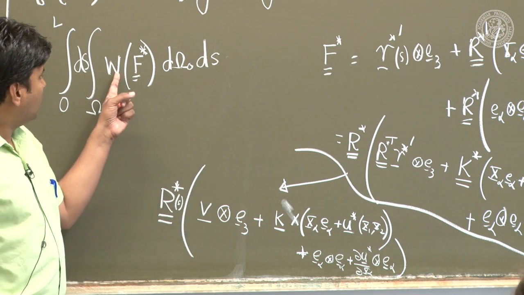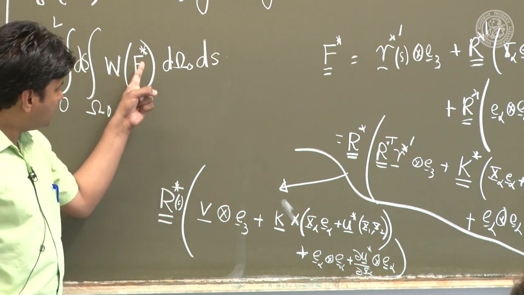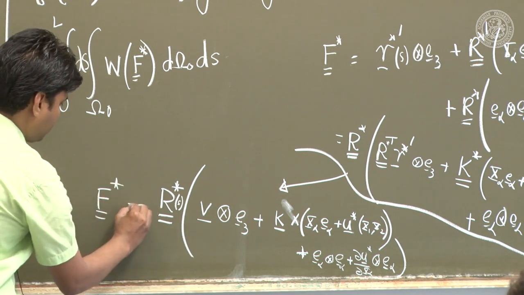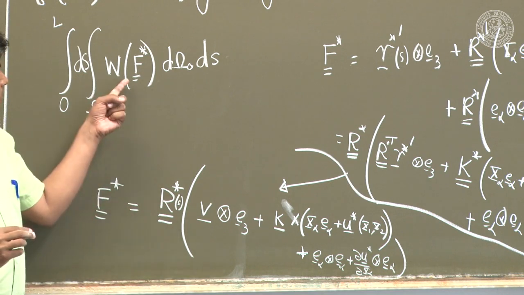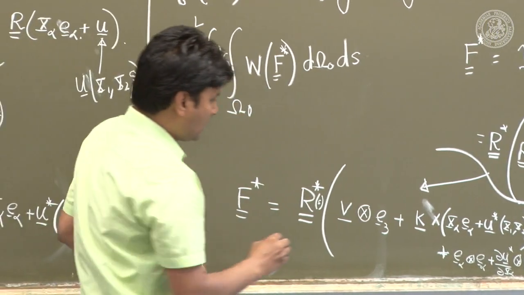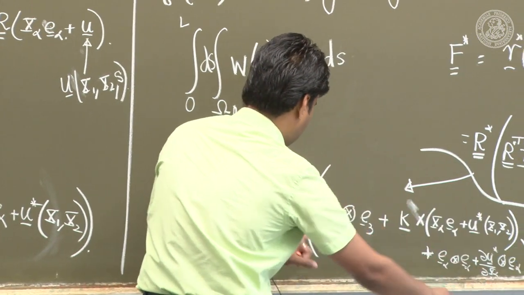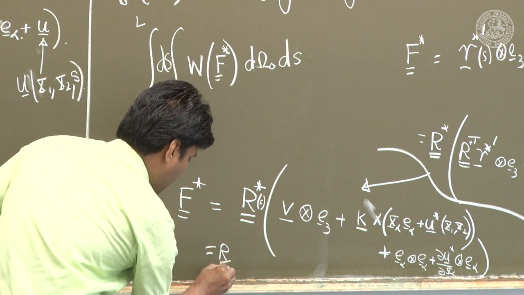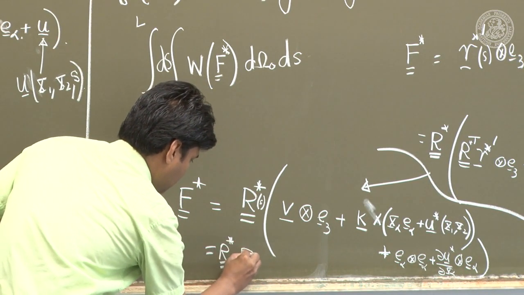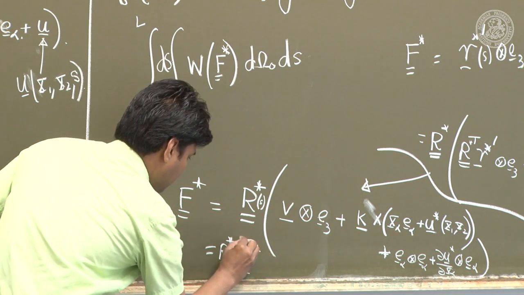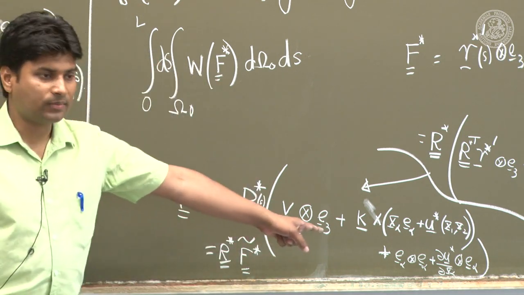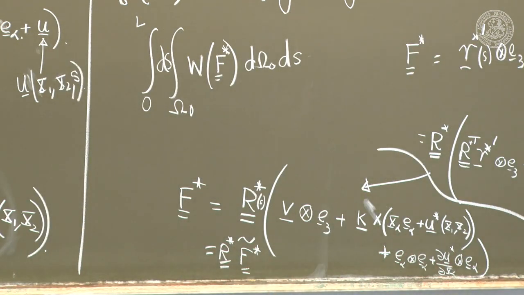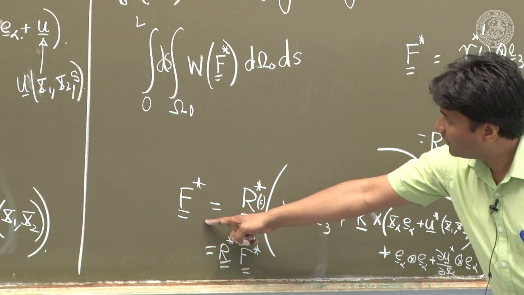Okay. Now you have to plug in W F star here. So that's your F star. If I call the thing inside the bracket as, maybe I'll write over here, is big R star into F star, let's say tilde, the thing inside the bracket. And then you plug in this big F star over here.